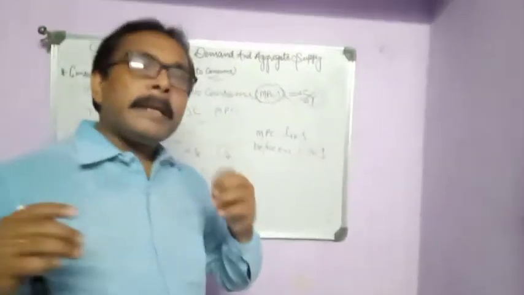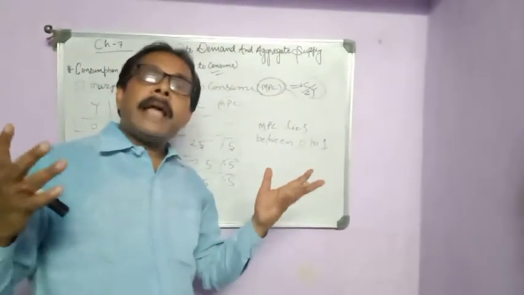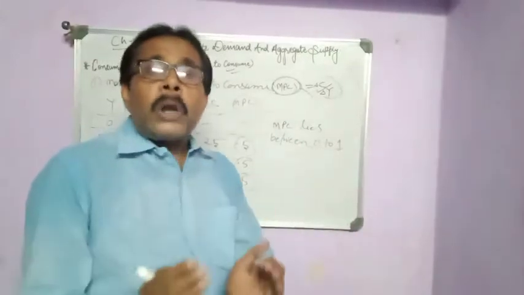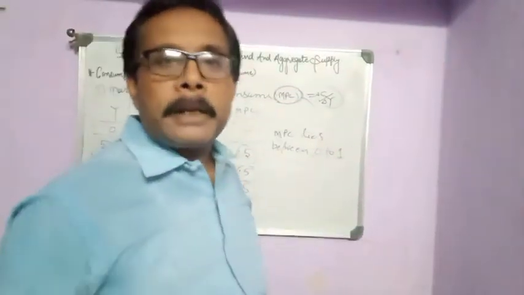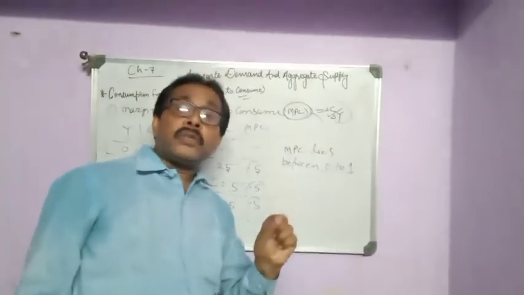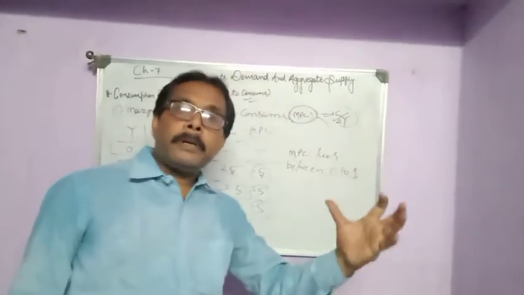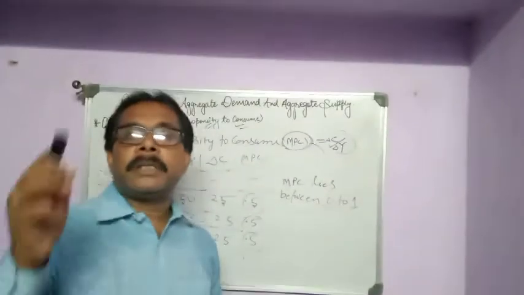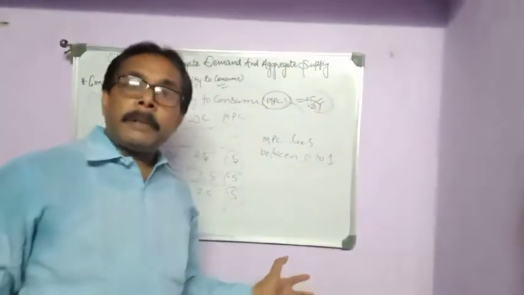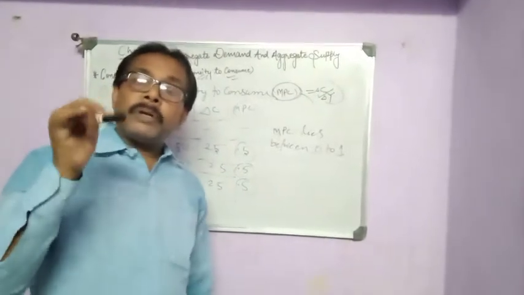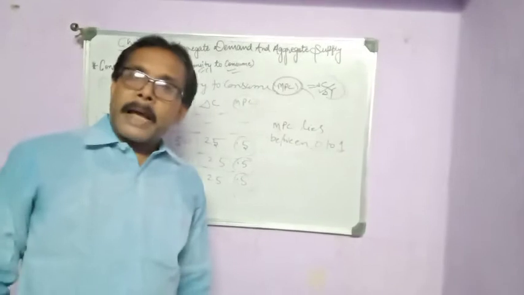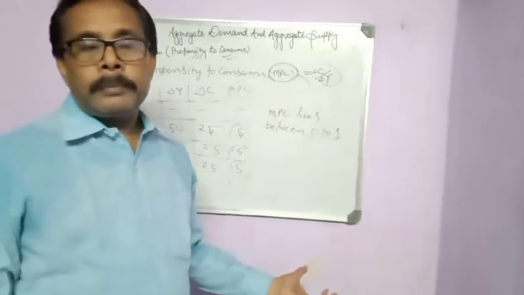So when my income increases, I have no scope to spend it. So the whole income is deposited in the bank. So increased income is not consumed, it is totally saved. So here change in consumption is equal to 0, and change in income is something. So 0 divided by something is 0.